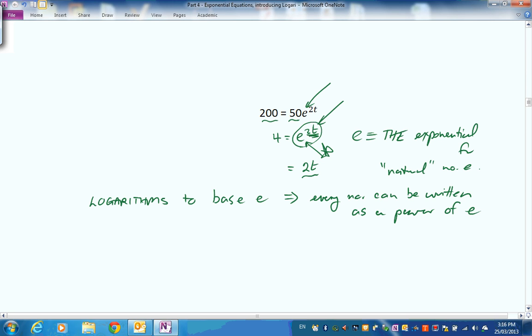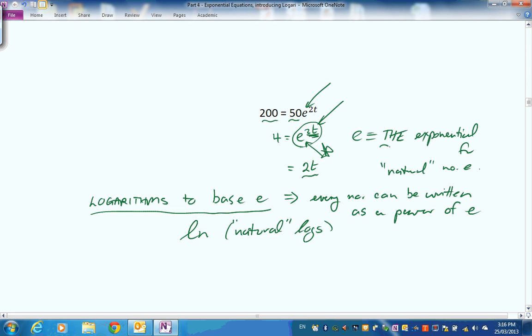So we need to then find log to the base e of 4. Well, the abbreviation for log to the base e is ln, meaning natural log. Natural logs. Because we're saying e is the most naturally occurring base for exponential functions.